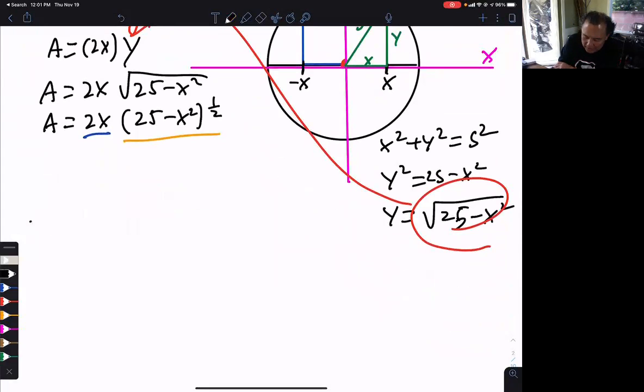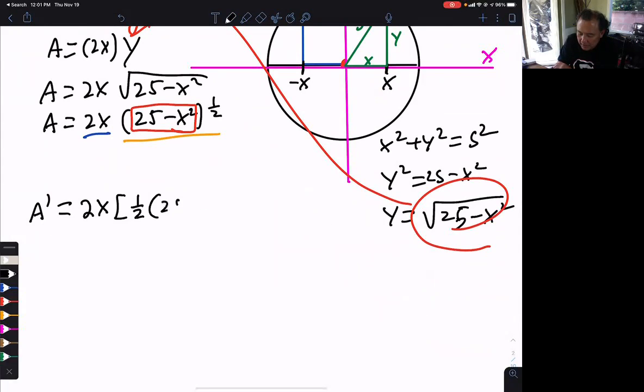So let me do the derivative of A to find the critical points. So we leave the first alone. We take the derivative of the second. And this is box to the 1/2 power, so it's chain rule. Bring the 1/2 in front, we leave box, we decrease the exponent by 1, and we multiply by the derivative of box.